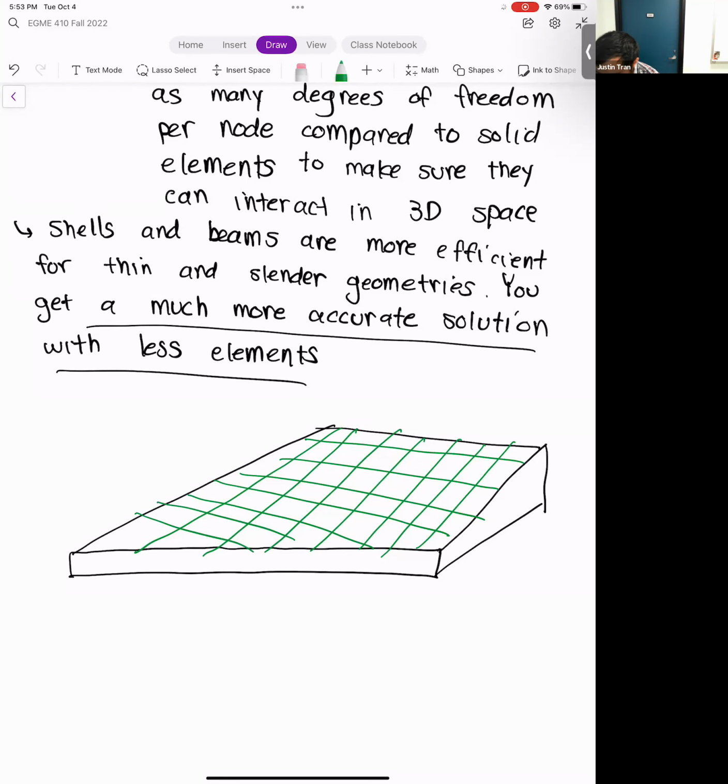Let's say that we got a good hexahedral mesh. At first, you might look at this and say, hey, that looks pretty good. We have a good mesh density on it. But I want to draw your attention to this area right here.